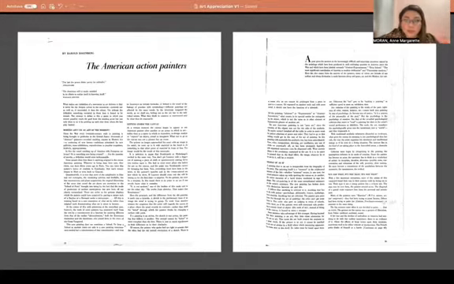This is an actual book that he wrote, The American Action Painters, page 22, 23, and so forth. For action painting, the process involves splashing, using gestural brush strokes, and dripping paint onto the canvas rather than carefully applying it.